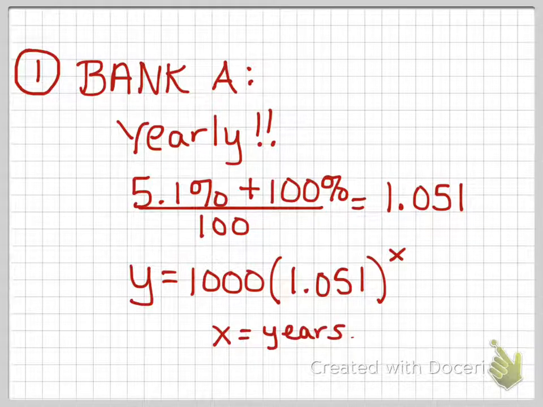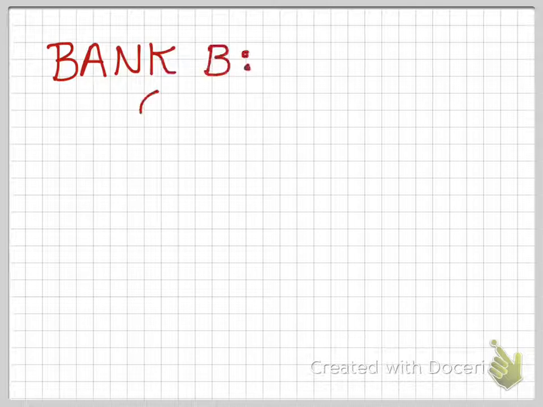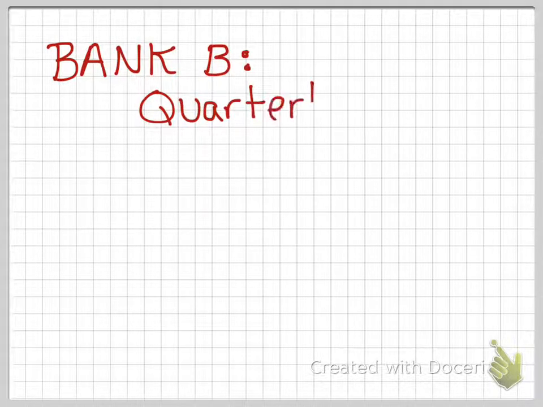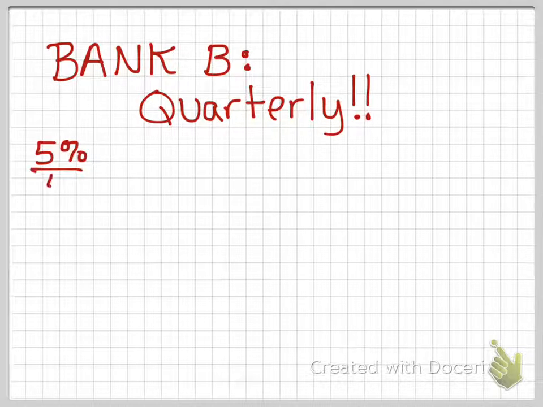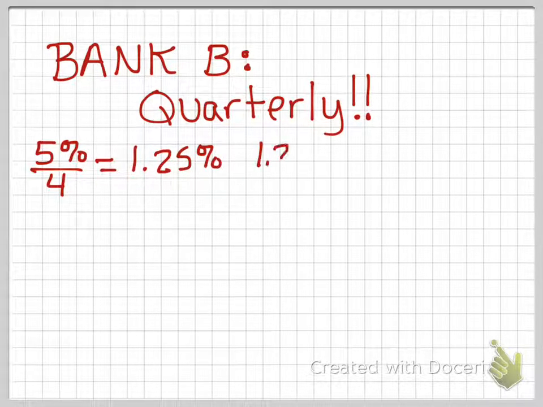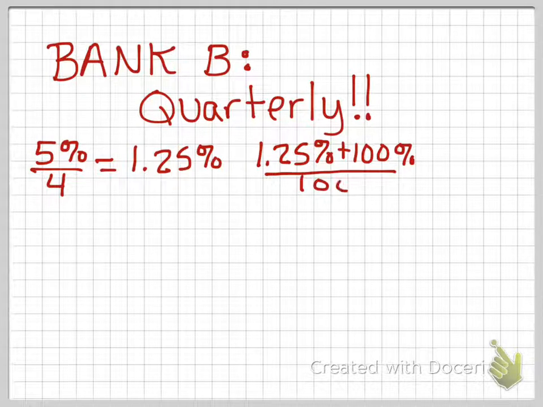Okay. Bank B. Bank B, we have a compound interest. This time we're going to compound it quarterly. So in this case, we have to take the 5% divided by 4. That's going to equal 1.25%. And again, that's going to make our money grow. So we're going to add on 100%, divide it by 100.